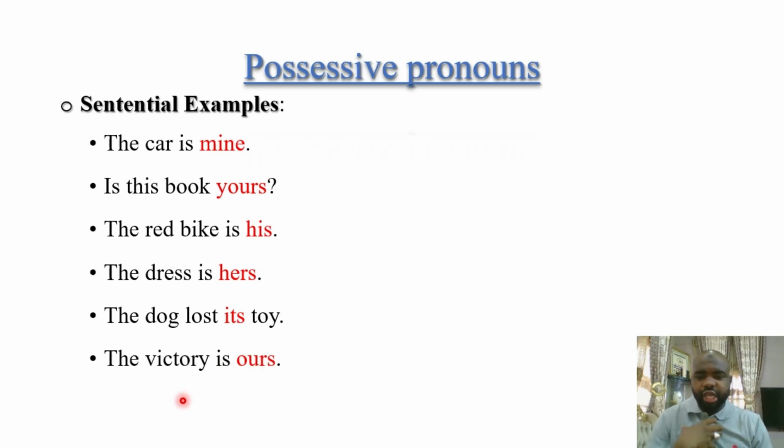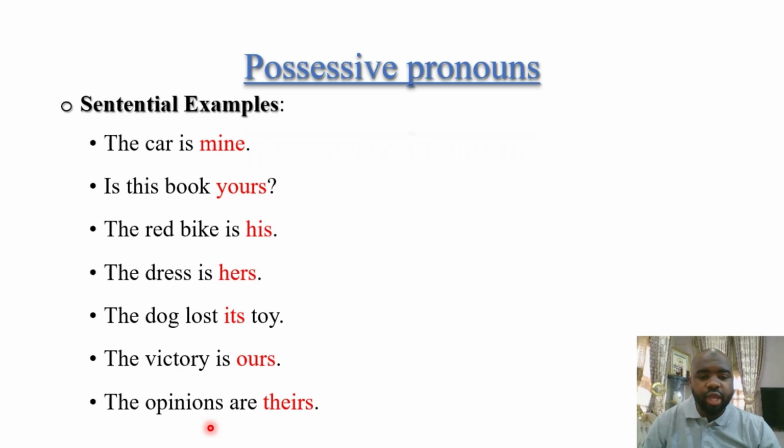So you see, these are possessive pronouns that come at the what? Object position. So the ones that we find there in the subject position tend to take the role of a determiner or an adjective. The opinions are theirs, right?